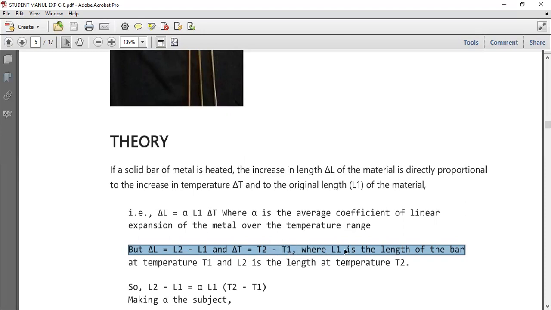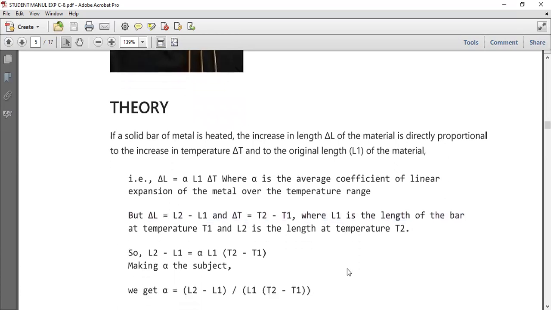And of course, we know that L1 is the length of the bar at temperature T1, and L2 is the length of the bar at temperature T2. So when we replace delta L as L2 minus L1 and delta T as T2 minus T1 in the equation above, we get it as follows.